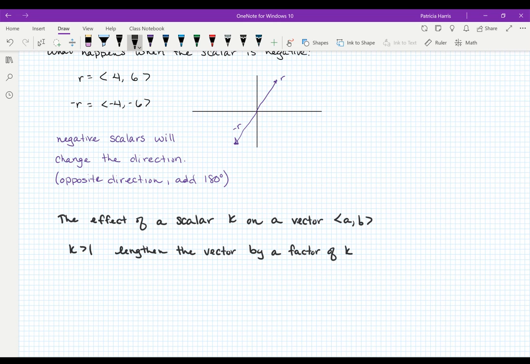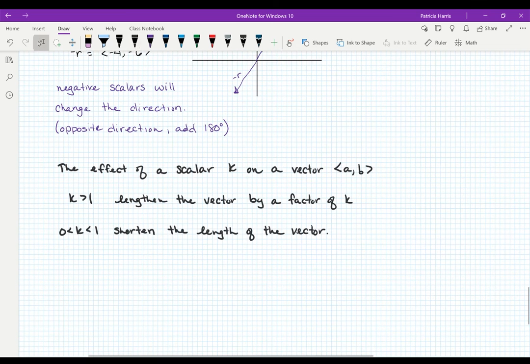If k is between 0 and 1, but still positive, it's going to shorten the length of the vector, by half, 1/3, 3/4, any number less than 1.